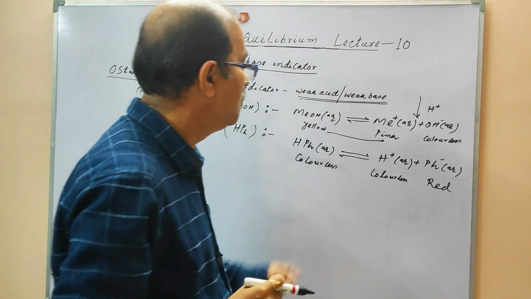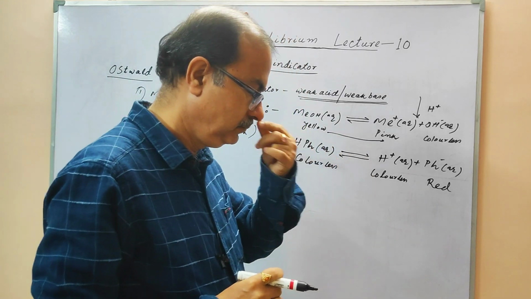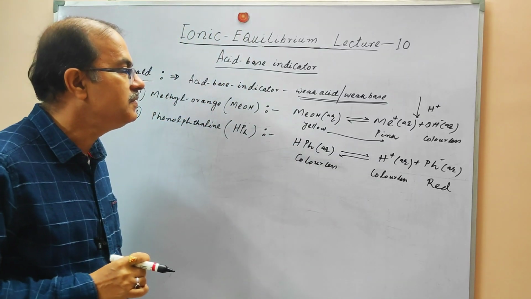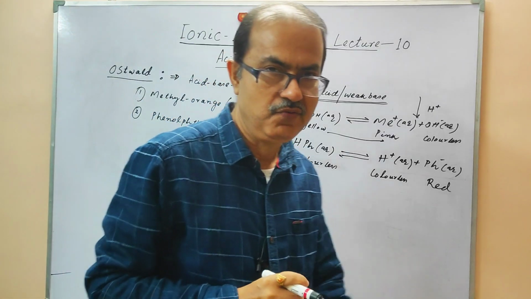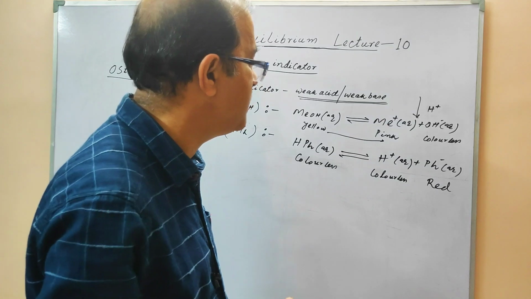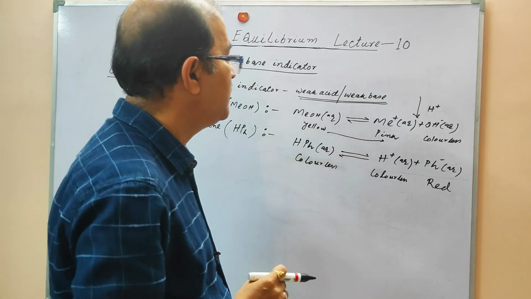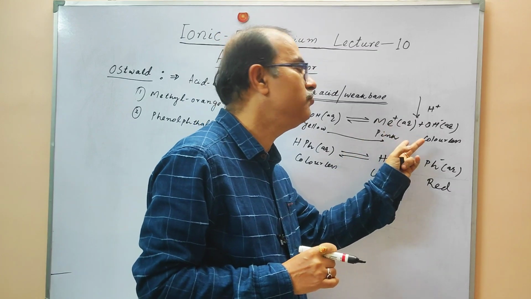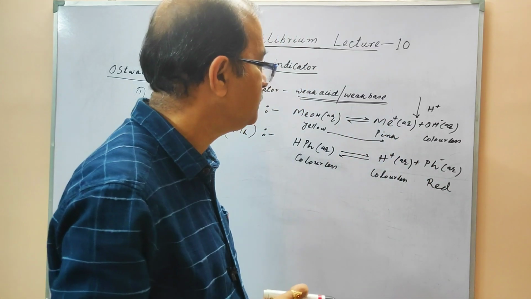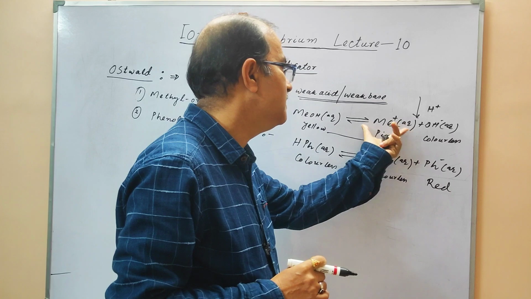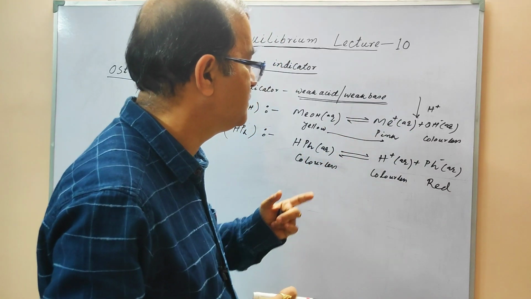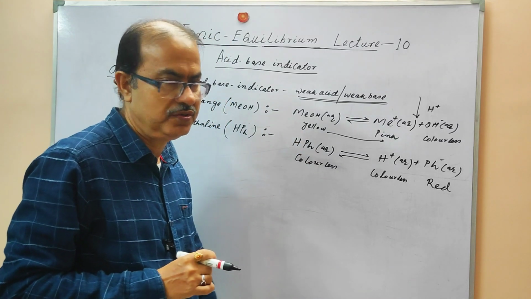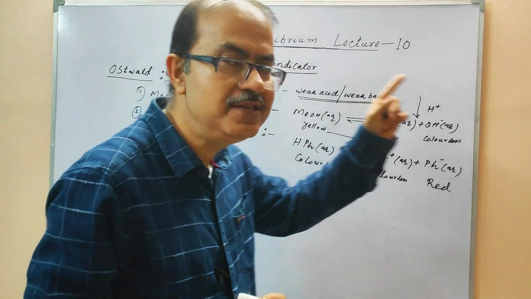So when there is acidity, when the acid medium comes, at that time the methyl orange will dissociate and produce the pink color, because the Me plus will be in a higher amount, and this will give the change in color.